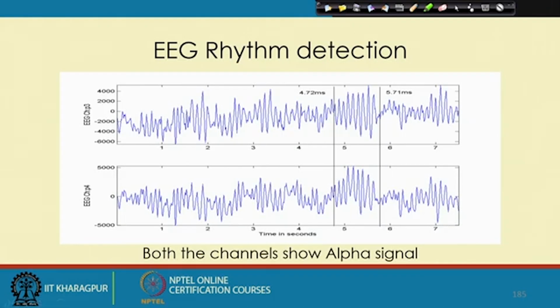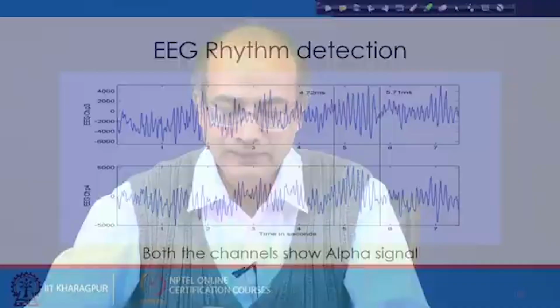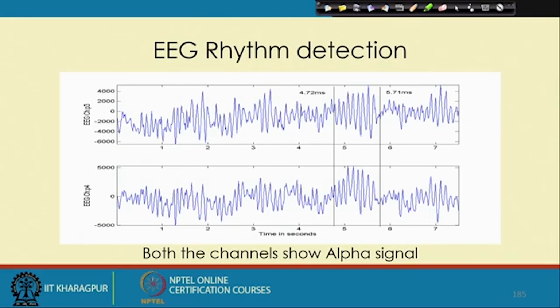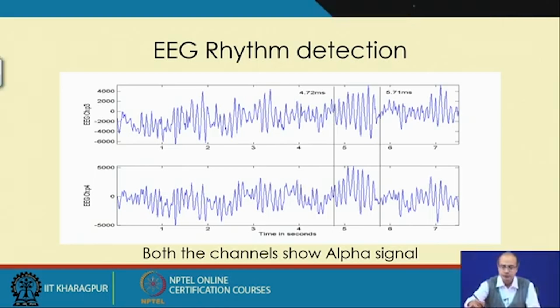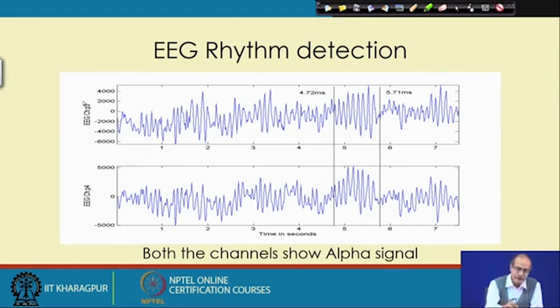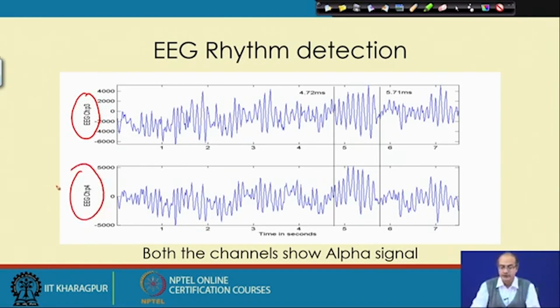Now, let us take another example, where we take signals from two channels, channel 3 and channel 4. They are simultaneous recordings, and in both channels we get a similar kind of waveform between 4.72 millisecond and 5.71 millisecond.